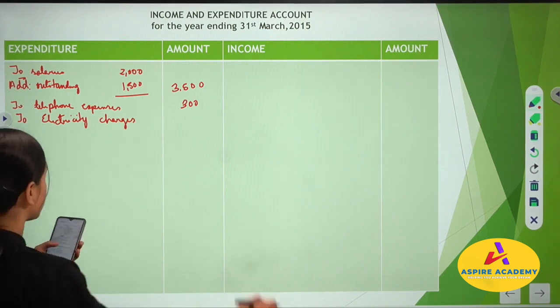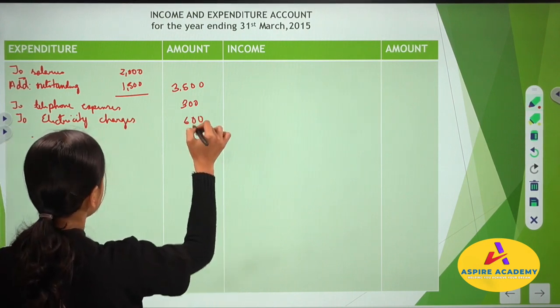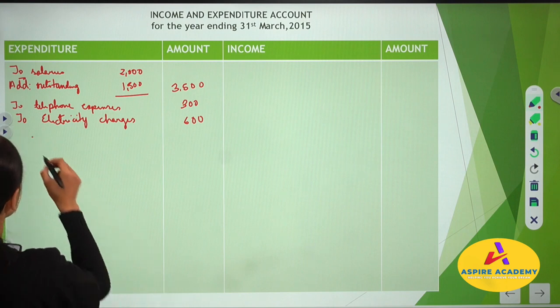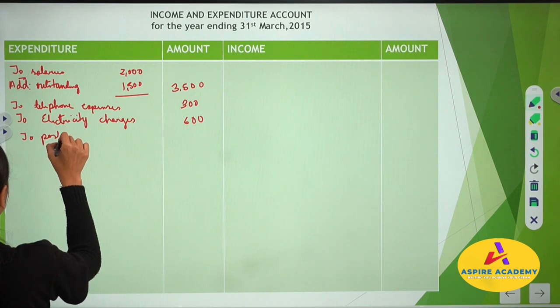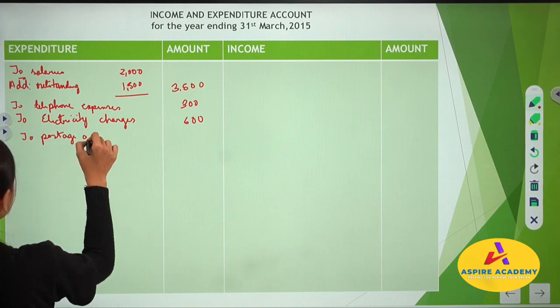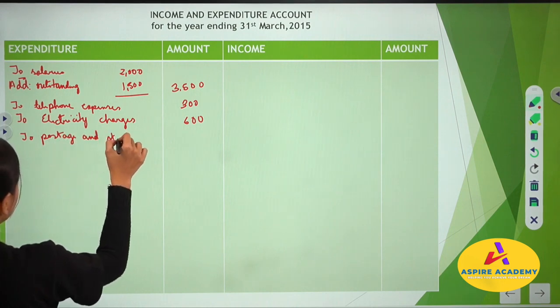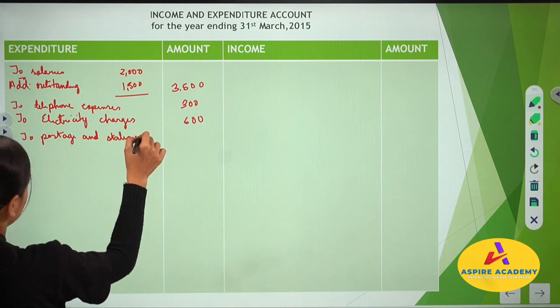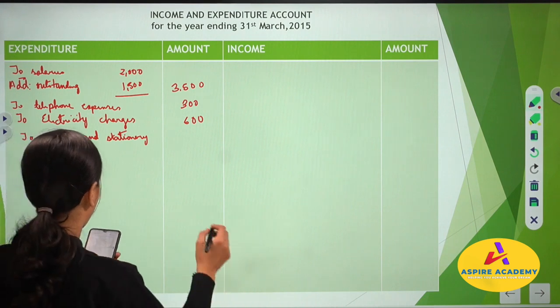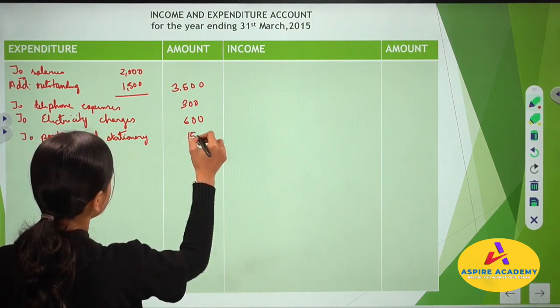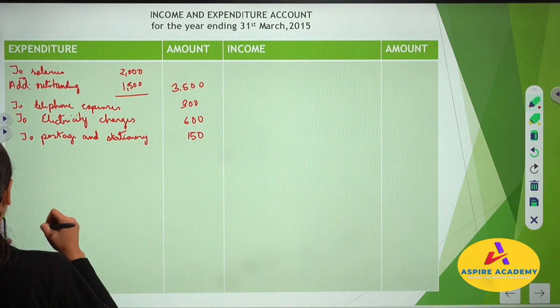The electricity charges amount is 600. Next, postage and stationery. This is 150.